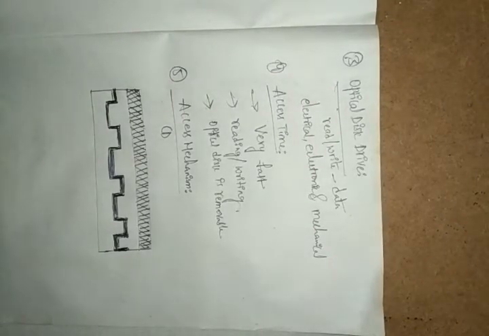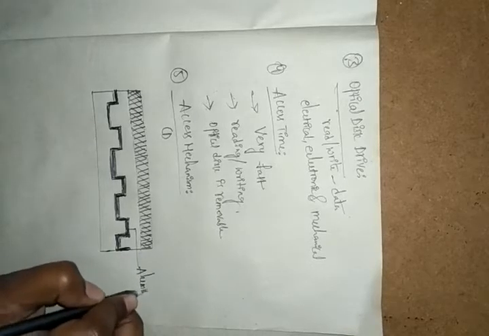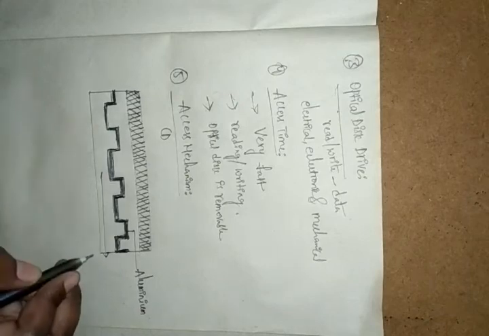Next, we have the diagram. What is the use of this? Here this is the aluminum coating. And next, this space is polycarbonate plastic.